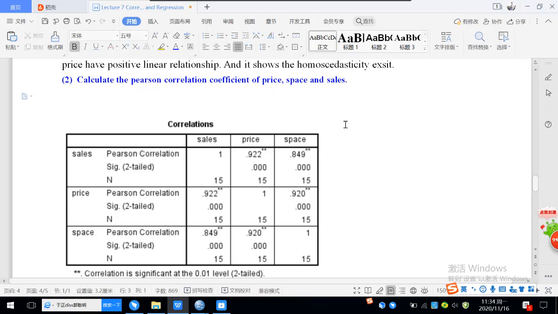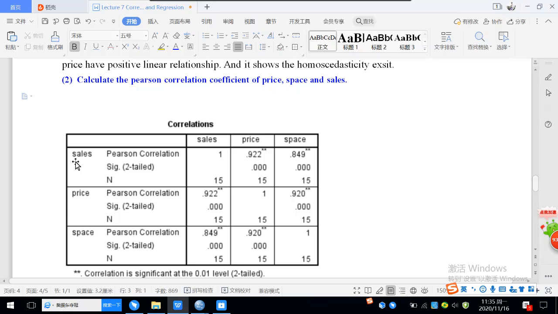With this conclusion, since the price and the sales are significant, the space and the sales, the coefficient is significant, right? The correlation is significant. Then next, it means we can use linear regression. If the price and sales correlation is not significant, then price will not be used as a variable to predict sales.